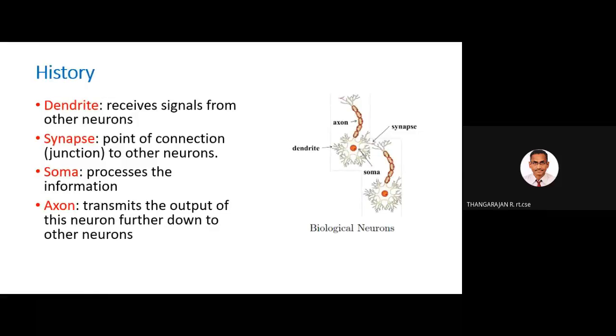The junction between the dendrite and the soma occurs through something called a synapse, the point of connection between adjacent neurons and the cell body.